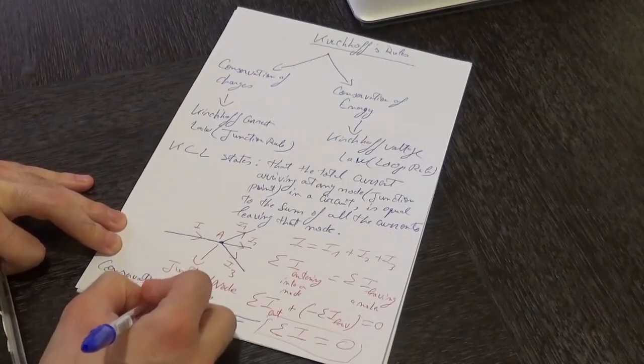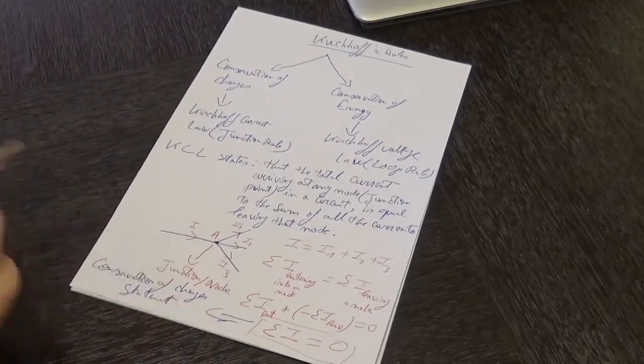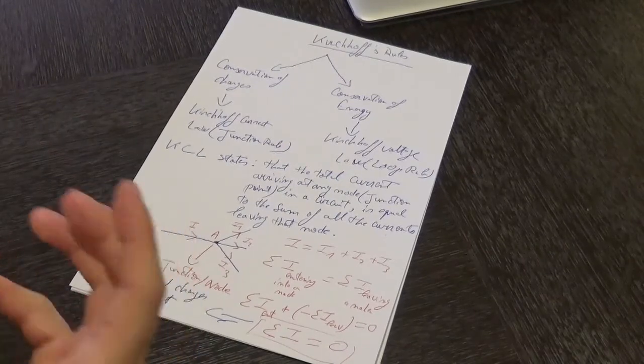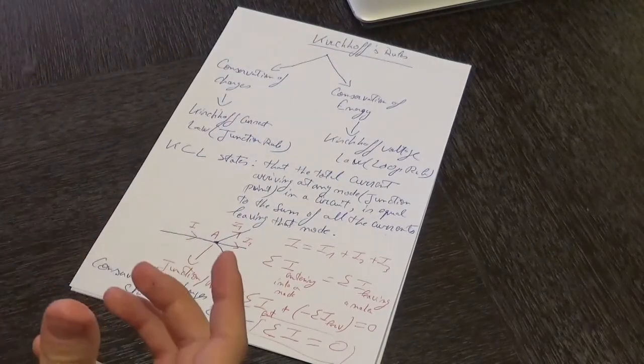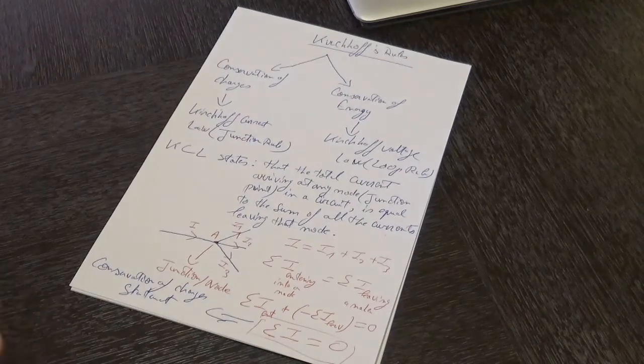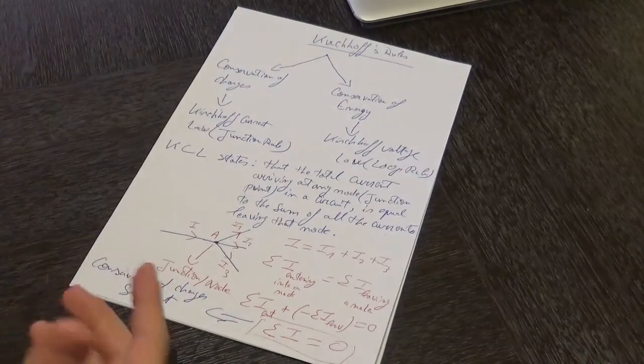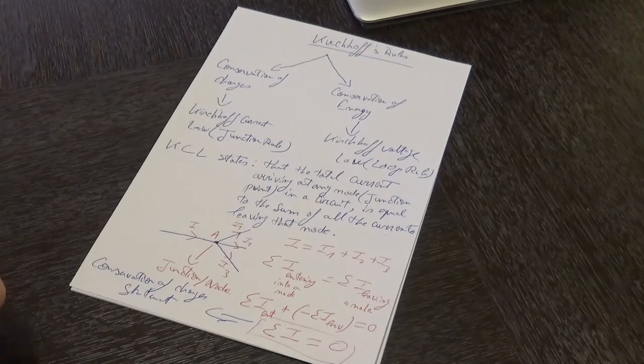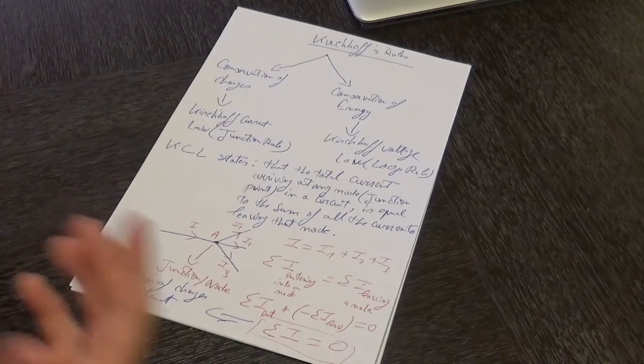statement, meaning that the net electric charge within a circuit is always conserved. So we know that the electrical current is basically the flow of electrons. So an electrical current consists of negative charged particles.